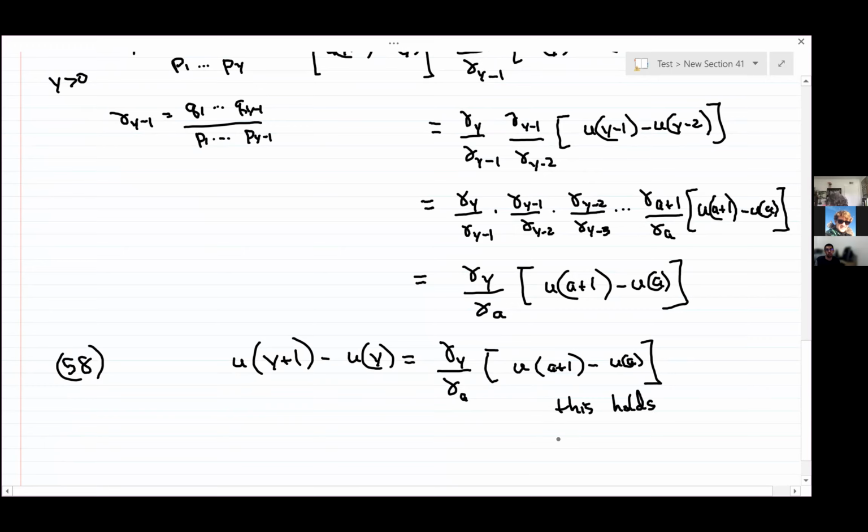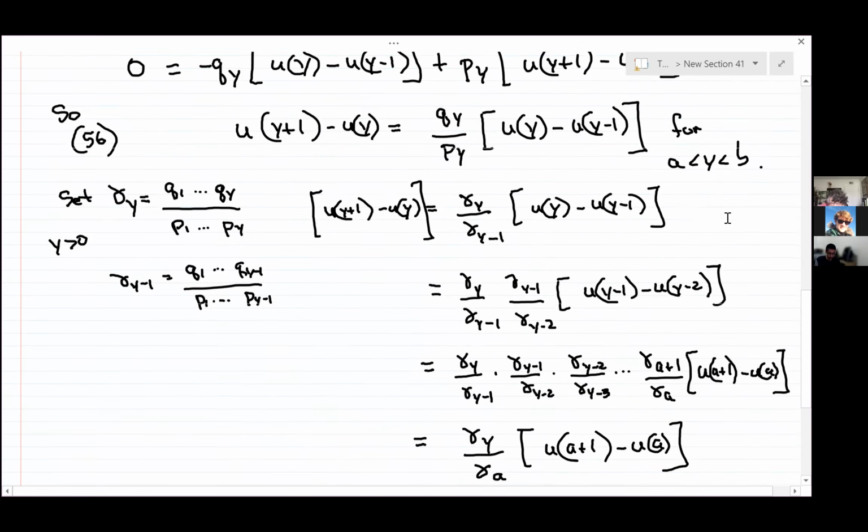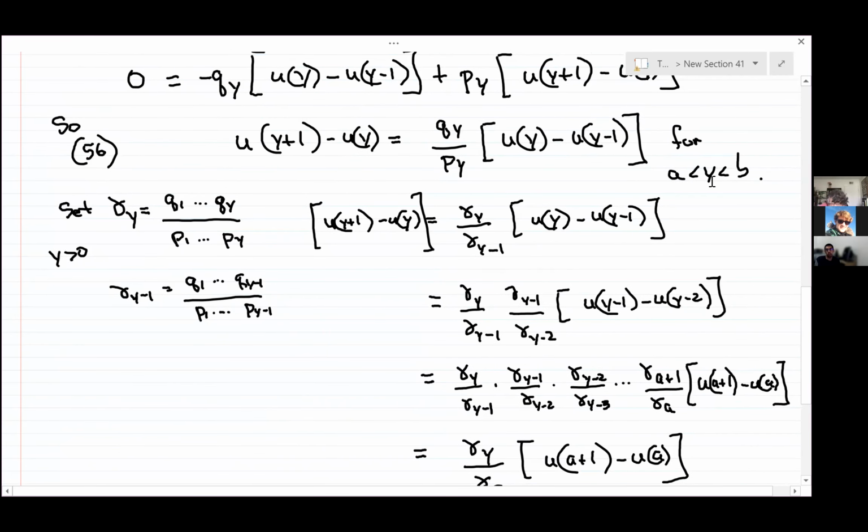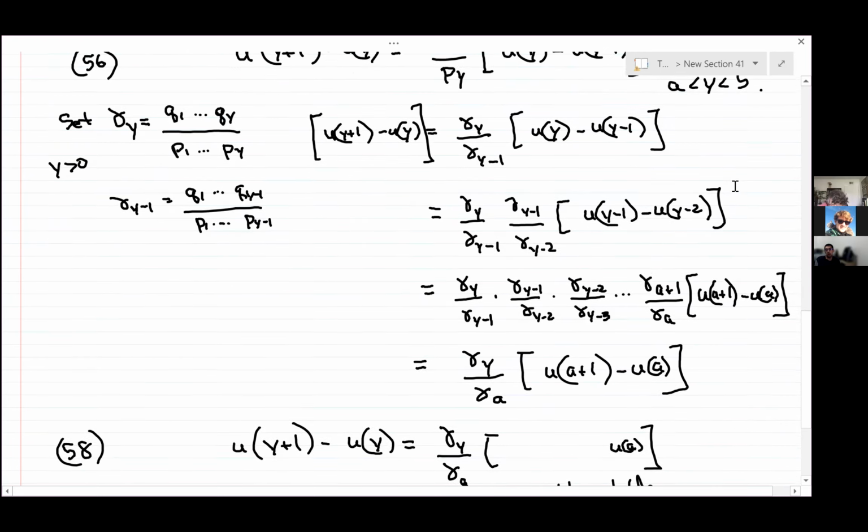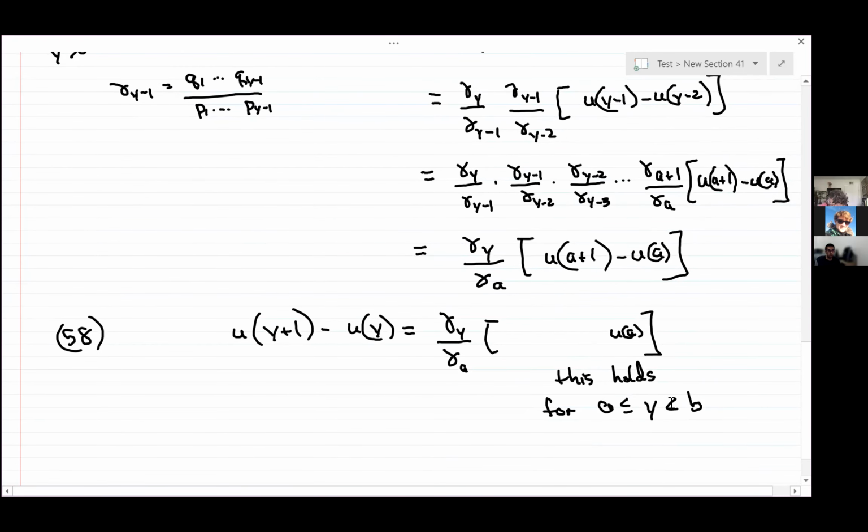It holds for what? y even being allowed to equal b, y even allowed to be equal to a. So we already knew that this argument would hold when a was strictly less than y, and strictly less than b. But they're saying it even holds, something like that.